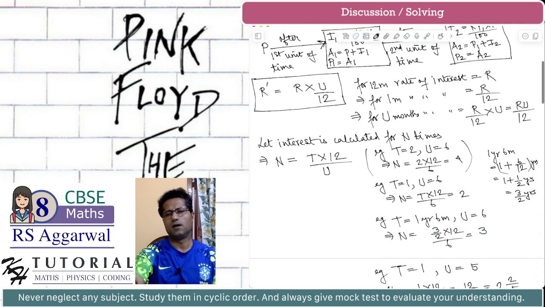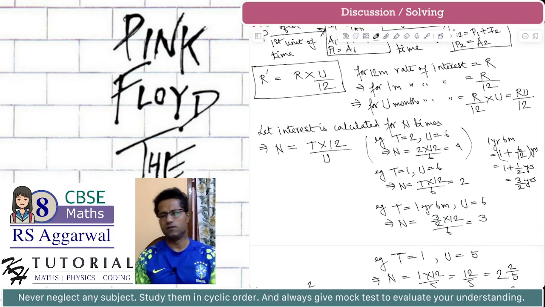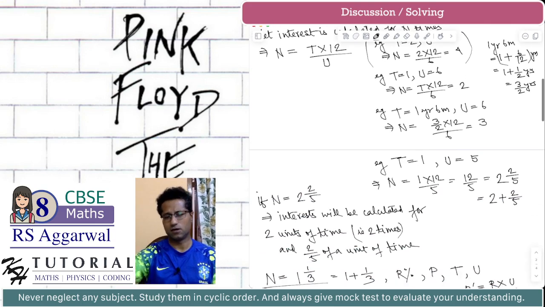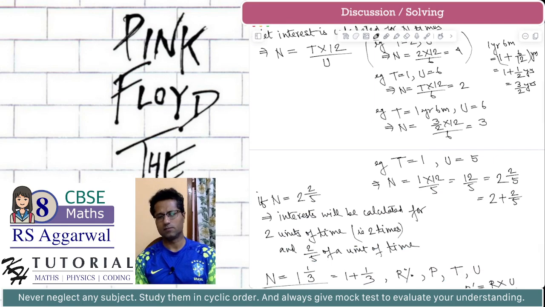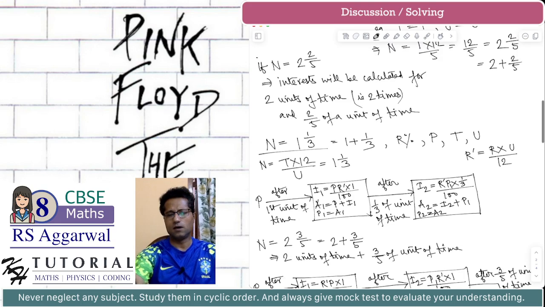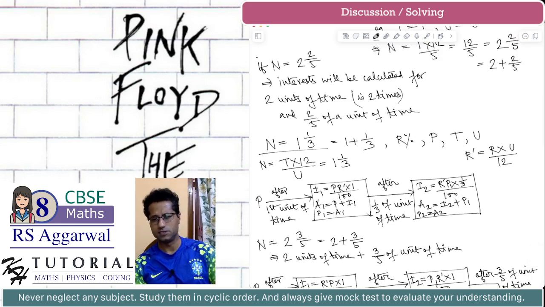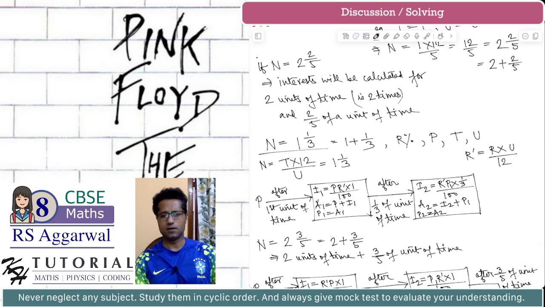And if the number of times we need to calculate the interest, capital N, is not an integer but has a fractional part, like in the case of 2 and 2 by 5, then how the calculation of interest changes. Instead of PR dash multiplied by 1, we replace 1 with the fractional part, that is 2 by 5, not 3 by 5.